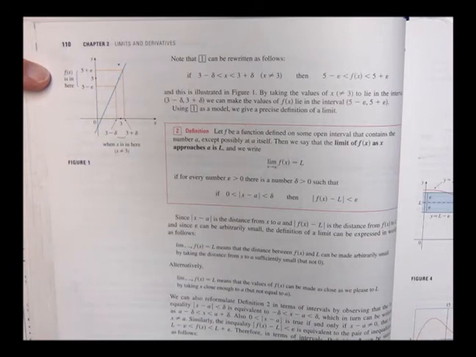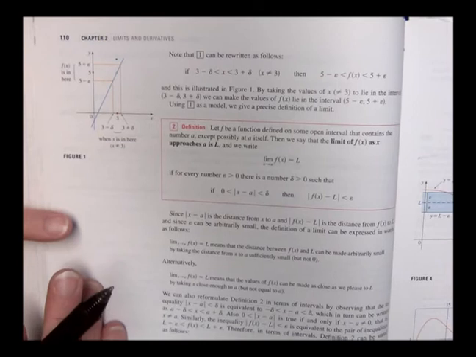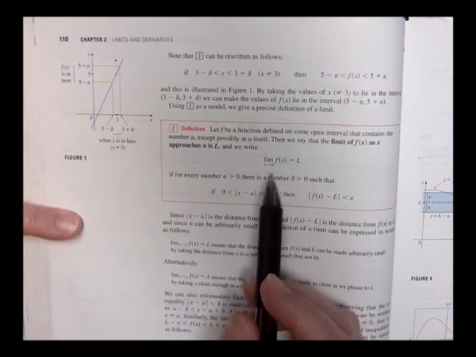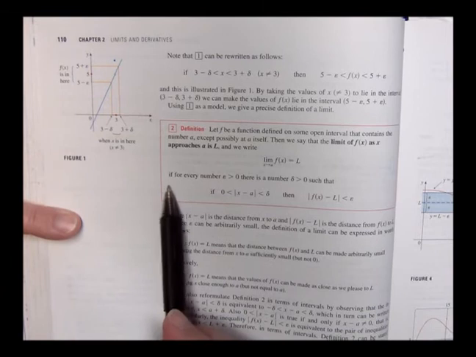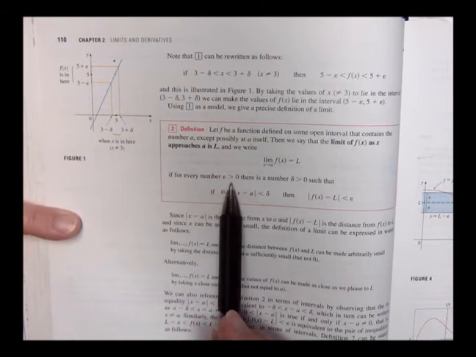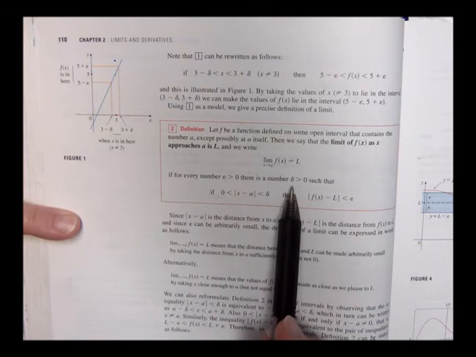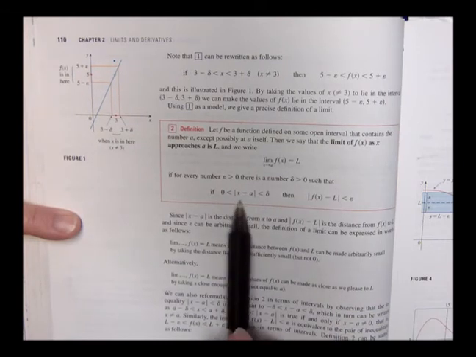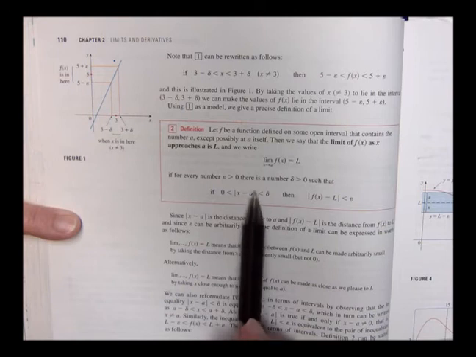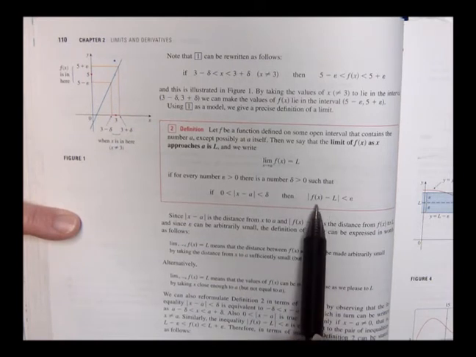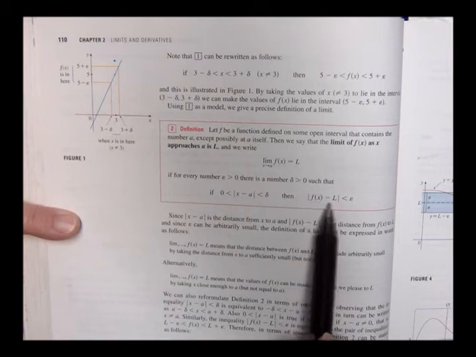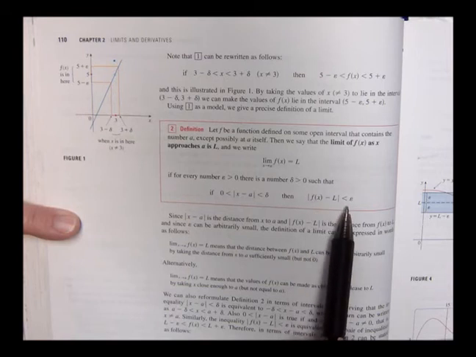So the definition of a limit looks similar to before. We say the limit of f of x as x approaches a is L if for every number epsilon greater than 0, there is a delta greater than 0 such that our domain number minus the a that we're looking at has to be between 0 and that number delta, and our range, our result, minus our limit has to be less than epsilon for it to be valid.